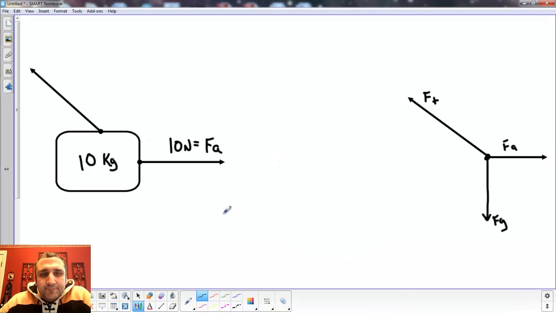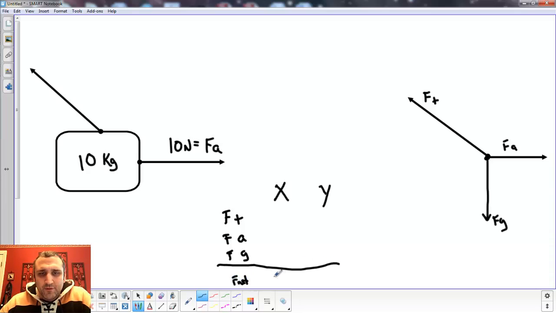So let's get our x and y, and then our three forces, our Ft, our Fa, and our Fg. And we remember that they all have to add up to F net, which equals 0 in the x and 0 in the y. We really don't know too much, do we?